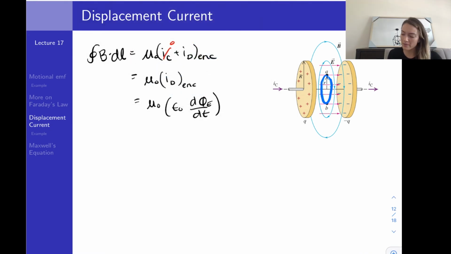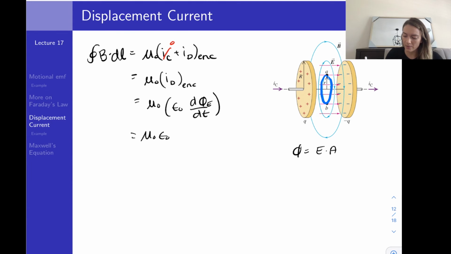Okay, so now how is my flux changing? So my flux, we know, is going to be equal to E times the area. So I know, first of all, that the time derivative here will just fall on the electric field, right? Because the area I'm looking at is not changing.